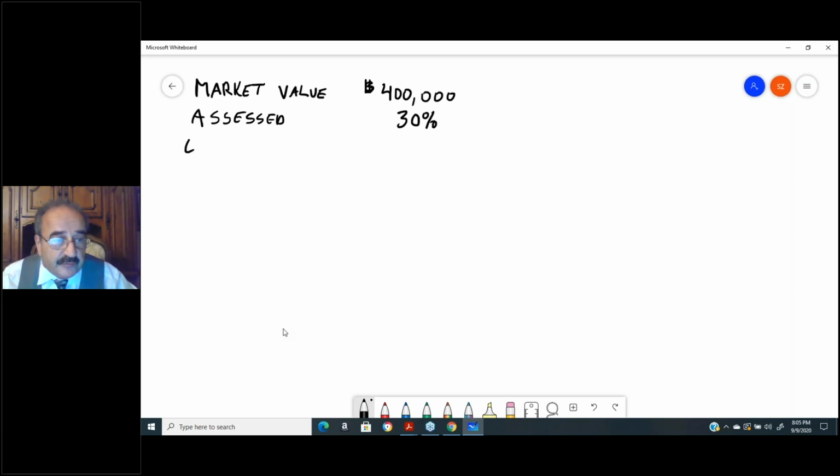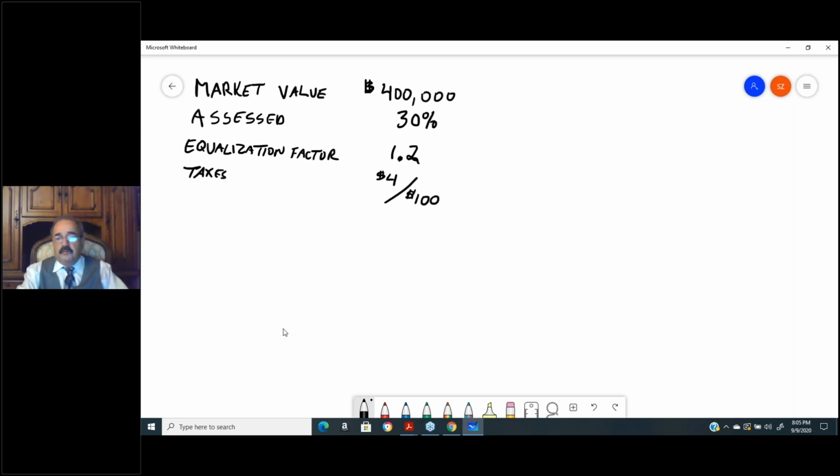We have an equalization factor of 1.2. And the taxes are $4 for every $100 of value. Go ahead and write down that problem.